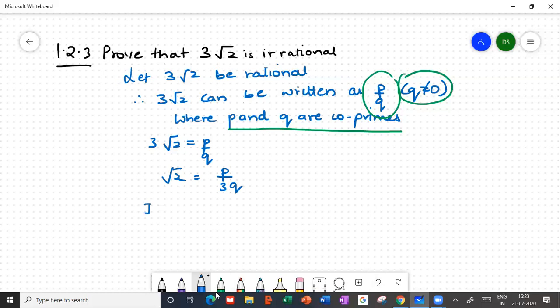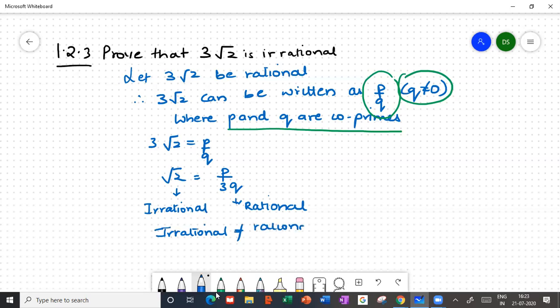This is irrational and this is rational, right? Anybody still confused why I'm saying the RHS is rational? Okay, no doubts. So I'm just going to assume you've understood.